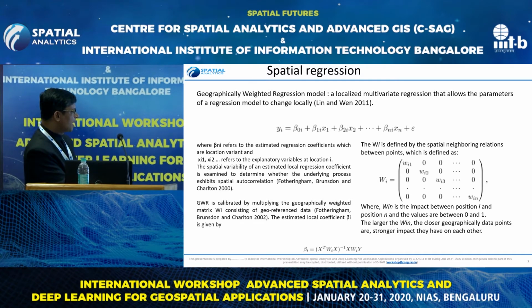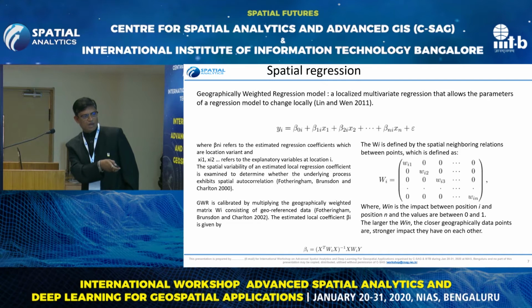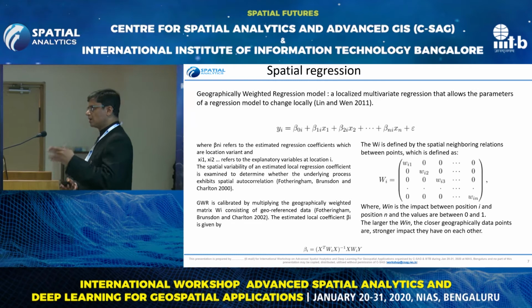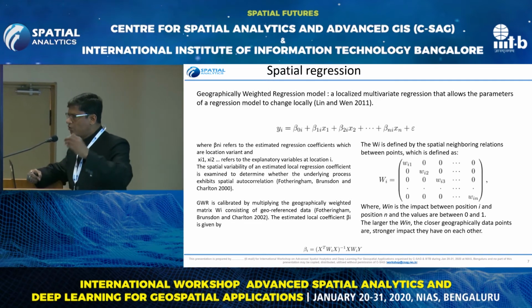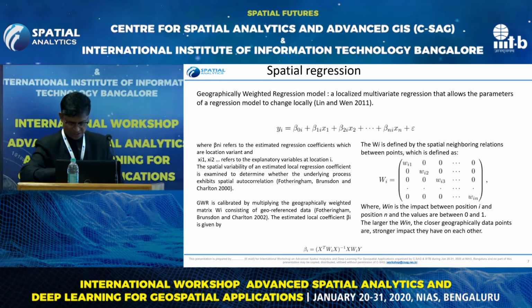You can calibrate it by a geographically weighted matrix Wi, which you see here, using the neighboring relationship, where Win is the impact between position i and position n. So the larger this Win value, the closer the data points are geospatially, and the stronger the impact they have on each other. This is another example where you can use social data and find out how they are spatially located.